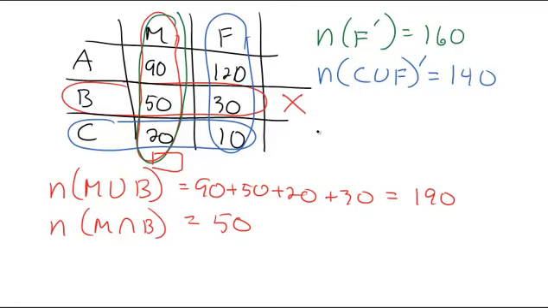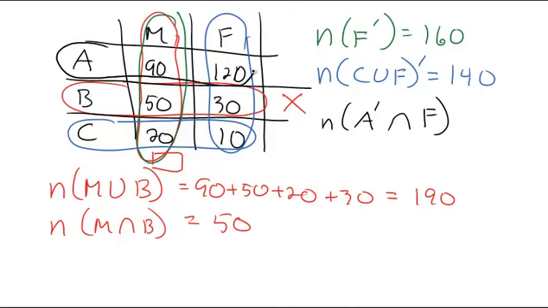All right, how about the number of things that are in the complement of M? No, let's do the complement of A intersected with females. Let's try that. Okay. Well, if it's in the complement of A, that means it can't be in the A row.